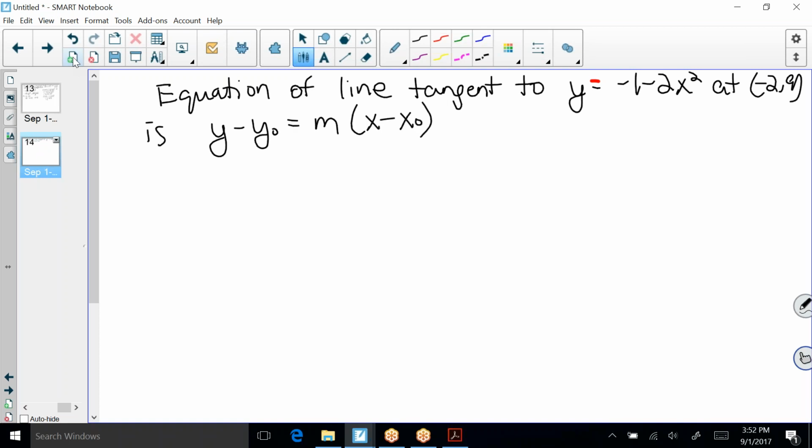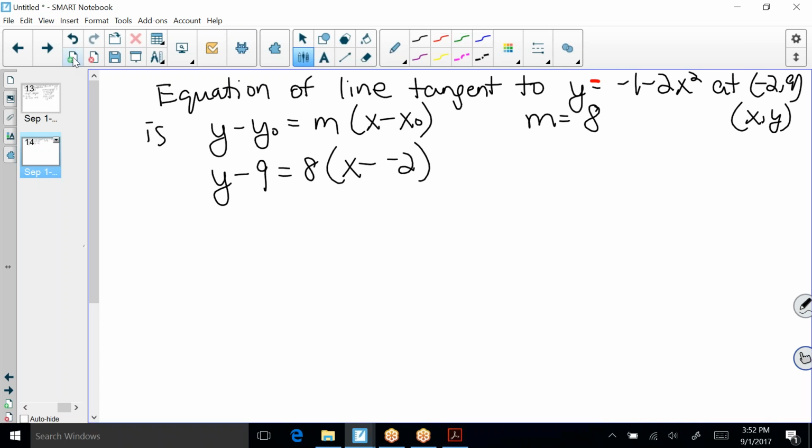Point slope form, since we have a point and we have a slope. So we already found out that our slope is 8. So filling in the pieces, we have y minus our y sub 0. Remember, this is our x comma y. Our y is 9. Slope is 8. X minus x sub 0, x is negative 2.